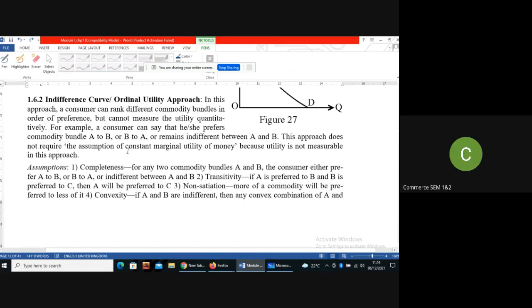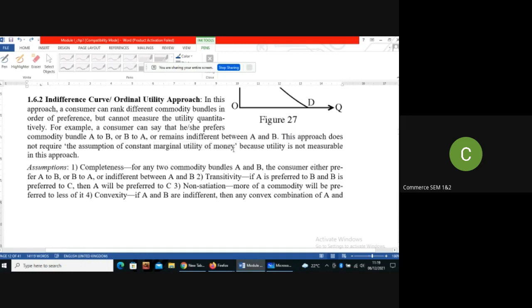In this consumer behavior approach, the indifference curve approach, this approach does not require the assumption of constant marginal utility of money, because utility is not measurable here. In the cardinal approach, we assumed that the marginal utility of money was constant.